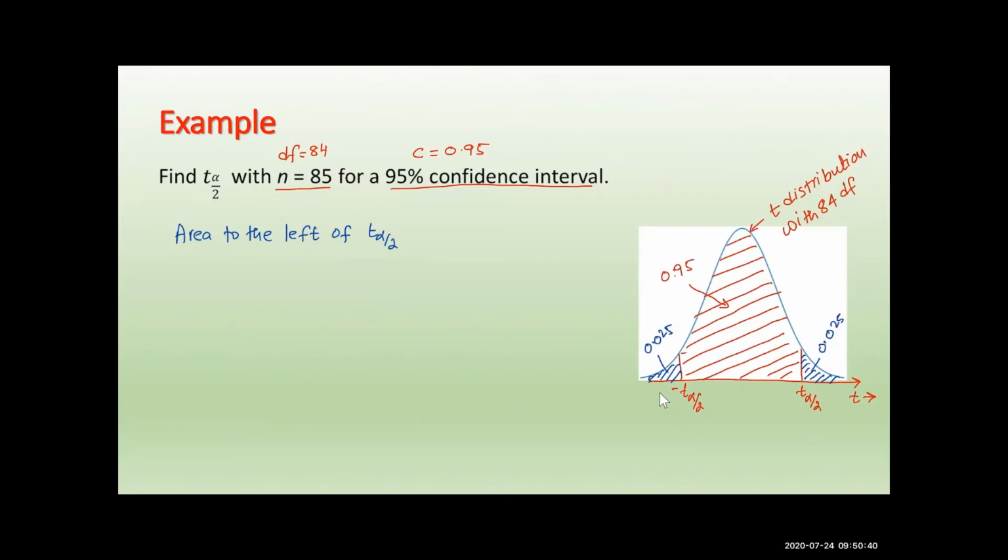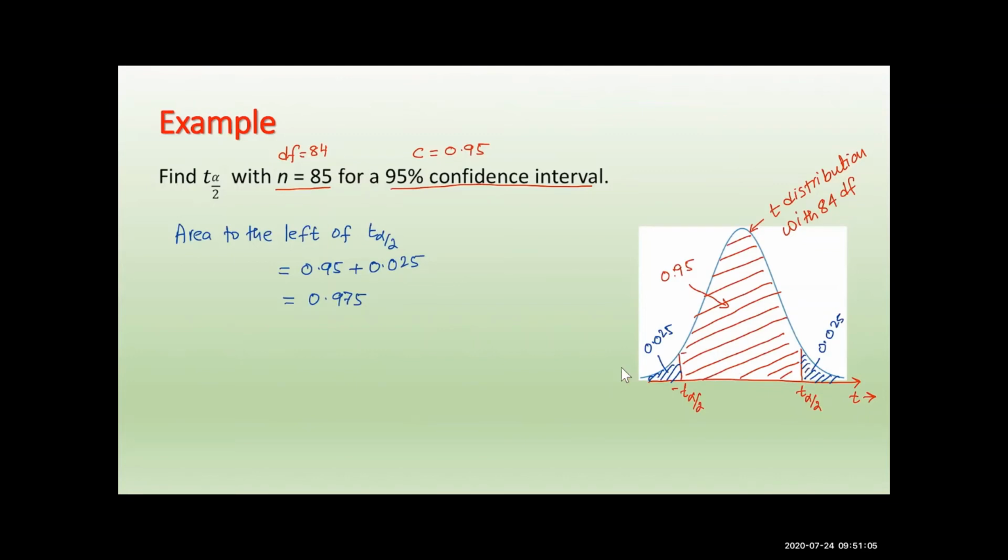That is 97.5%, or 0.975. If we add these two numbers, it will be 0.975. That is the total area to the left of this T alpha over 2.